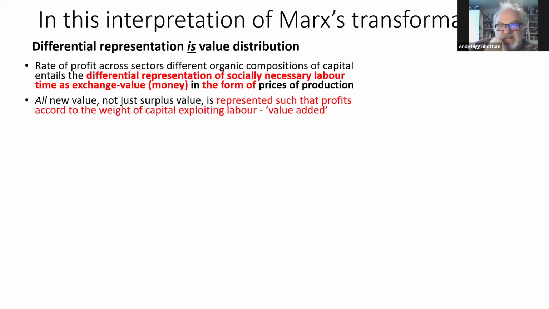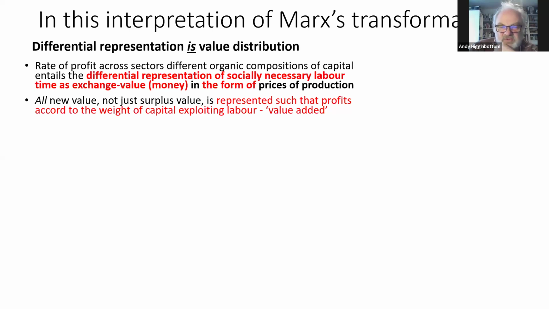And so what you end up with is a distinction between what the labor time would look like if there was a proportionate representation, which is simple exchange value, and what it actually looks like in the price of production form, which in bourgeois economics is known as value added. So value added is substituted in the price of production form for new value created.